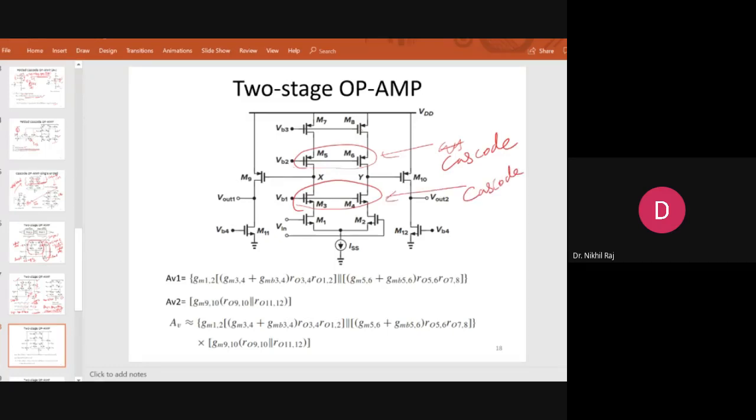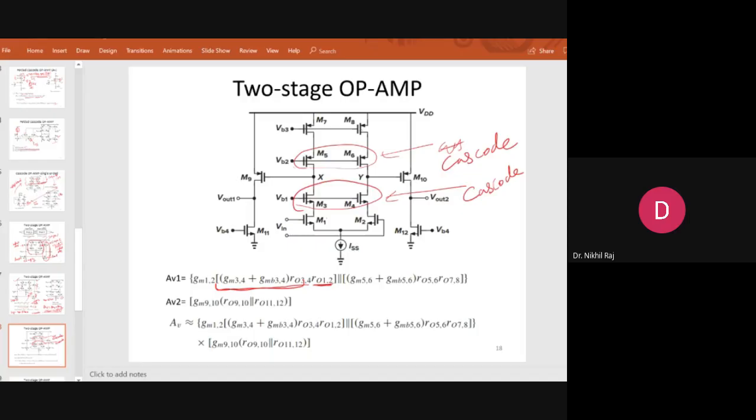And this is your cascode. So now what will happen to the effective gain? We calculate AV1. Now in the cascode, RO1 or RO2 will be boosted by the intrinsic gain factor.